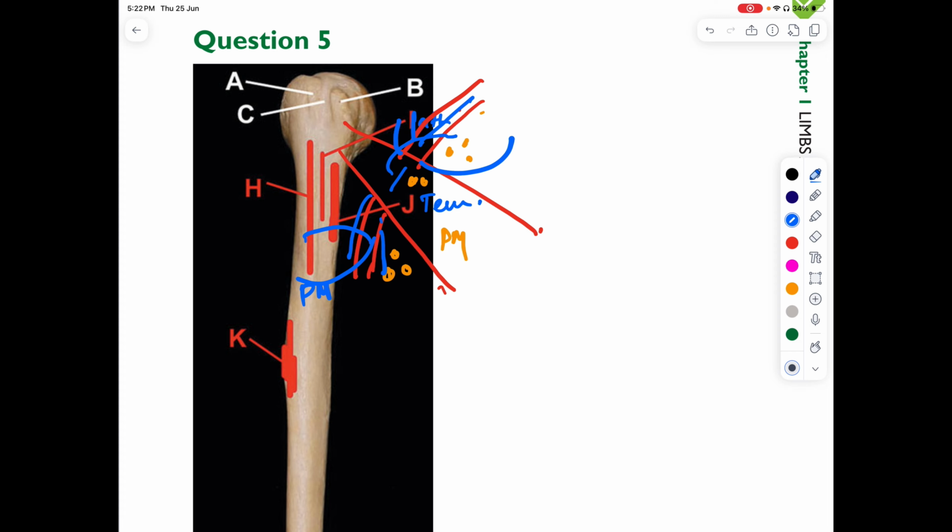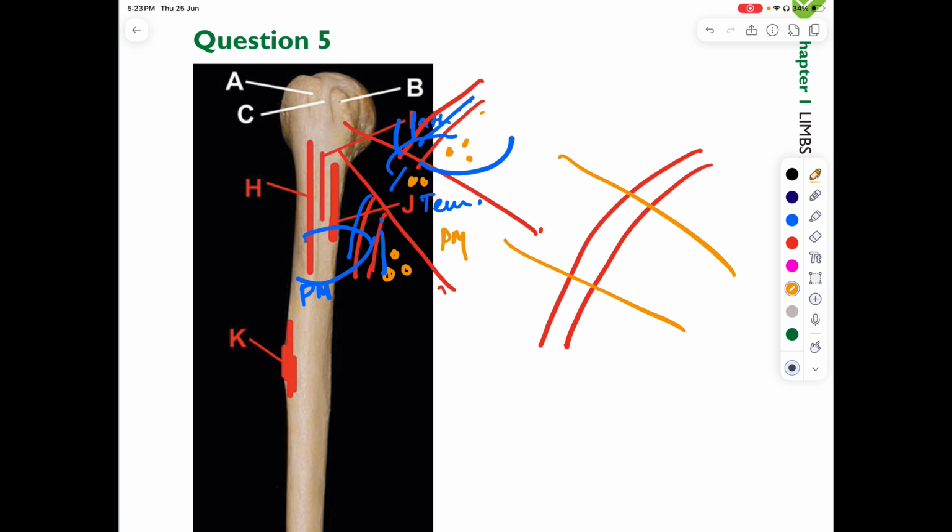So the artery has three parts divided by the pectoralis minor. The first has one branch, superior thoracic, the second part gives lateral thoracic and thoracoacromial, and the third part gives anterior and posterior circumflex and the subscapular artery.